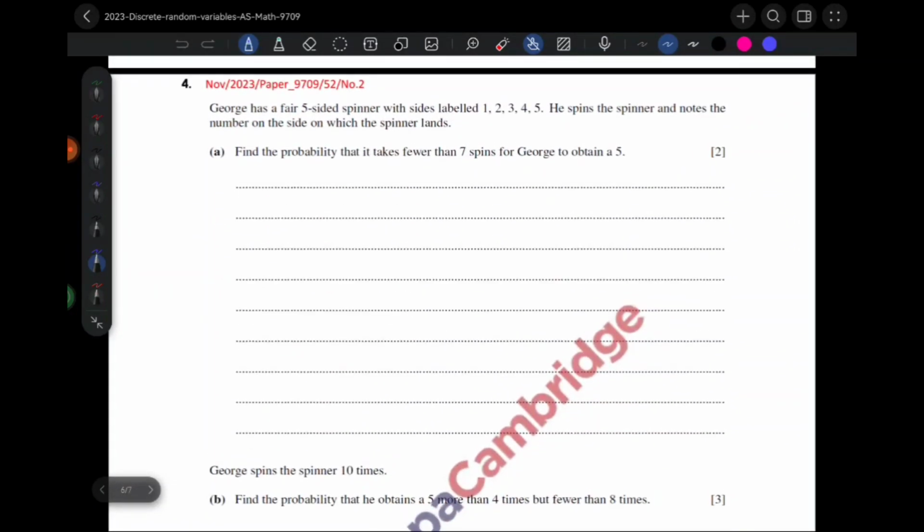Let's take a look at number 4. George has a fair 5-sided spinner with sides labeled 1, 2, 3, 4, 5. He spins the spinner and notes the number on the side on which it lands. Find the probability that it takes fewer than 7 spins for George to obtain a 5.